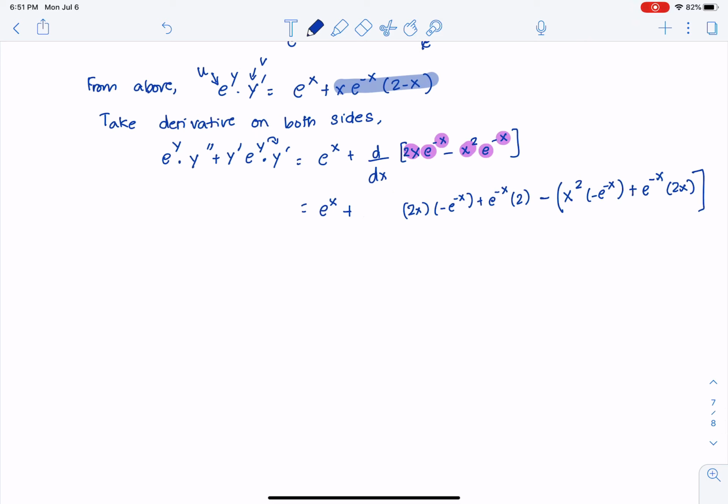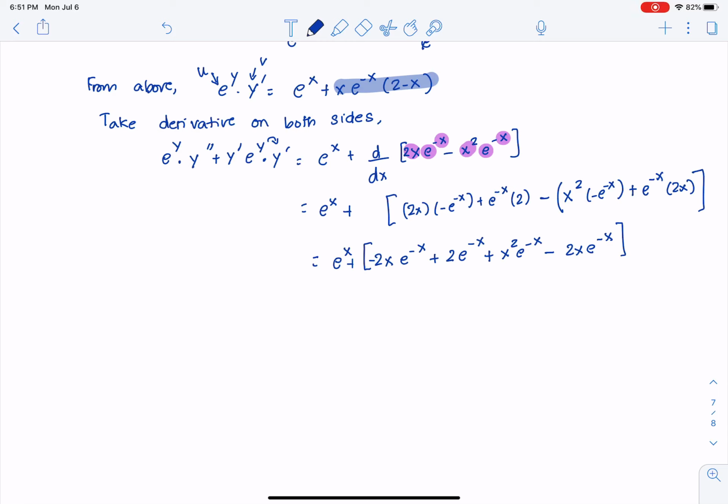Taking the derivative, so e raised x plus 2 or minus 2x e raised negative x plus 2 e raised negative x, distribute the negative, plus x squared e raised negative x minus 2x e raised negative x.